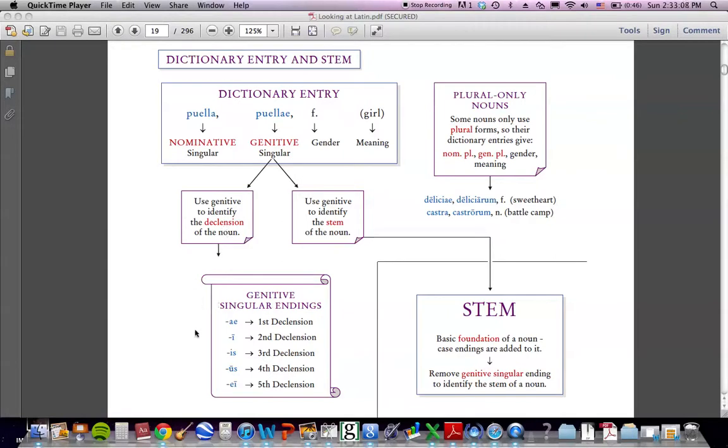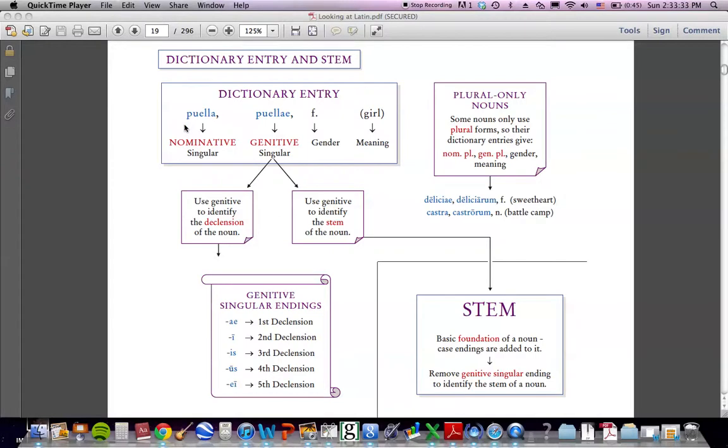So, by looking at this little chart down here, you will memorize that if your genitive ends in AE, it belongs to the first declension, which is the first set of endings that we will discover soon. If the genitive is in I, it's going to be second declension, IS third, US fourth, and EI fifth declension.